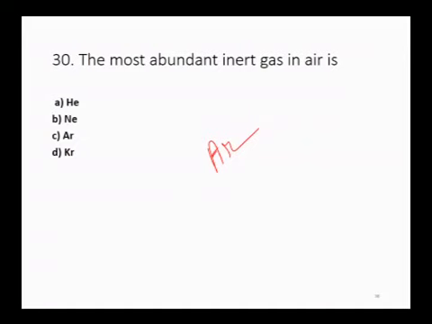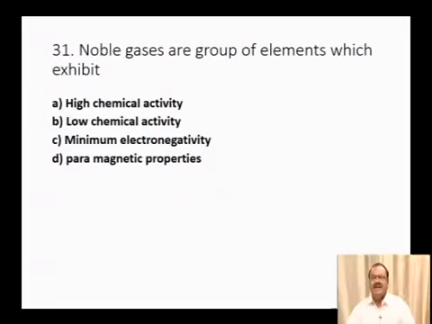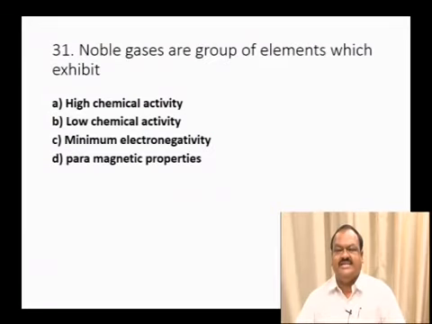Next, noble gases are a group of elements which exhibit high chemical activity, low chemical activity, minimum electronegativity, paramagnetic properties. Noble gases are nothing but inert gases. Their electronic configuration is completely filled.